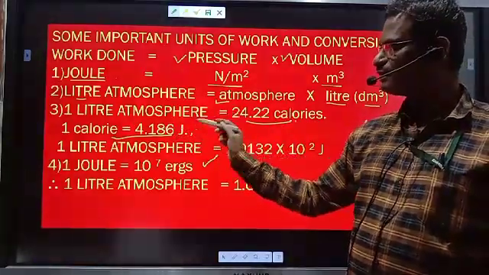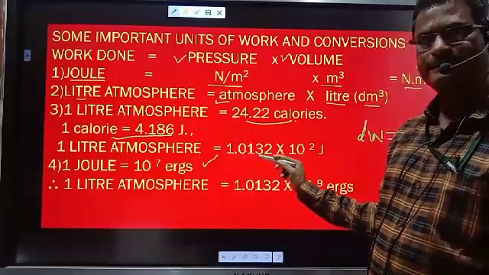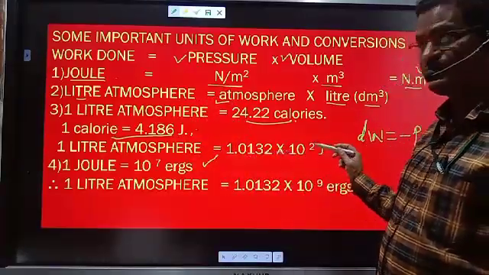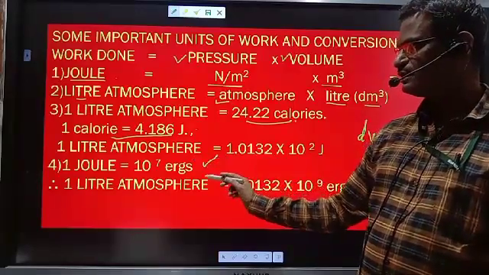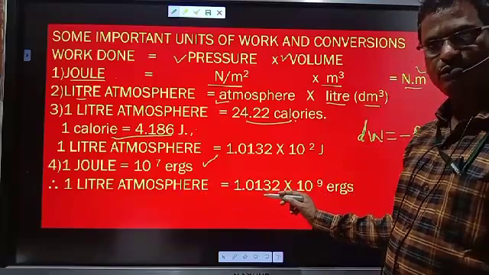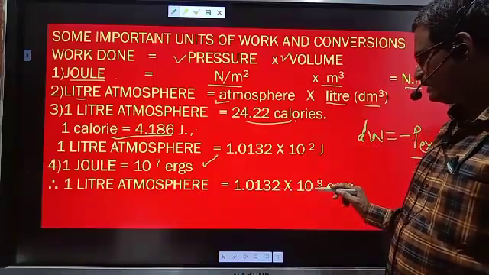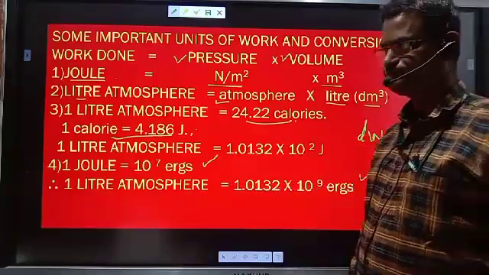Therefore, by cross multiplication, 1 liter atmosphere is 1.0132 into 10 raised to 2 joule, and since 1 joule is 10 raised to 7 erg, 1 liter atmosphere is 1.0132 into 10 raised to 9 ergs.